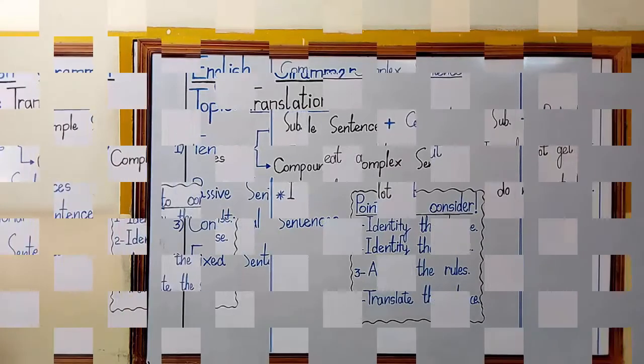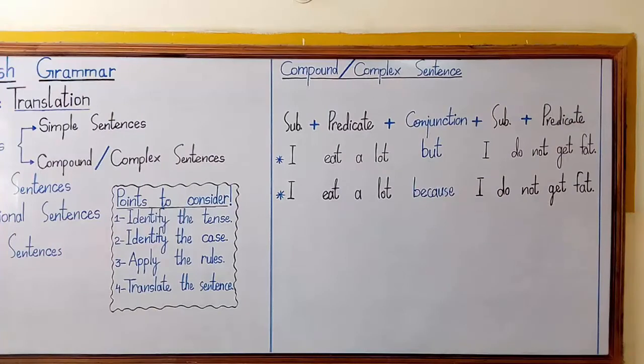Here you are. A compound or complex sentence is a combination of two simple sentences joined together by a conjunction. That is called either a compound sentence or a complex sentence. And what are the differences between them? I told you yesterday, probably the day before yesterday, in the first lecture on translation.